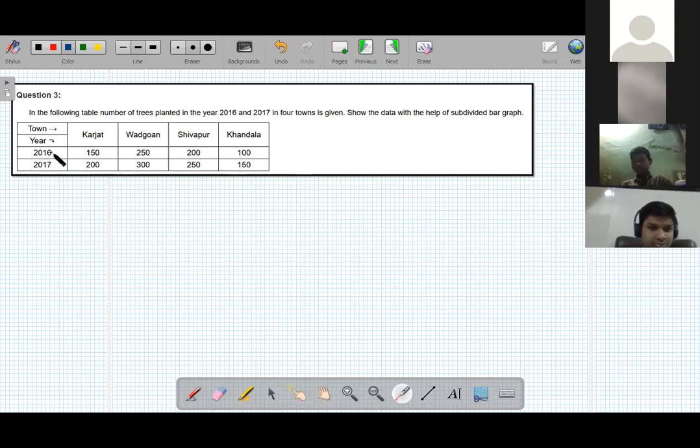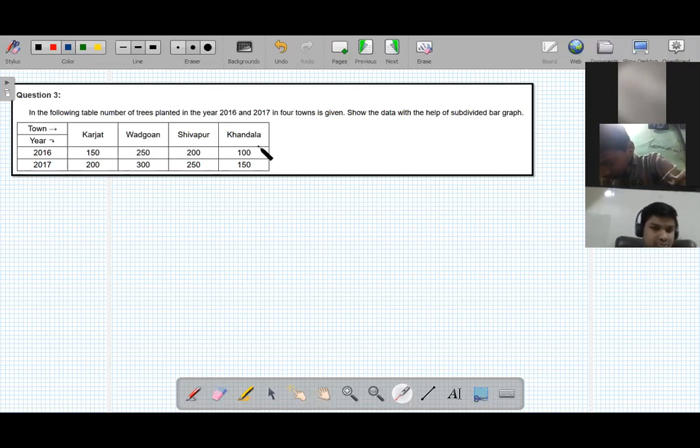So on our x-axis, it will be these 2 years, 2016 and 2017. And on our y-axis, it will be number of trees, total number of trees in each city. So first, how can we define whether it will come on x-axis or y-axis?